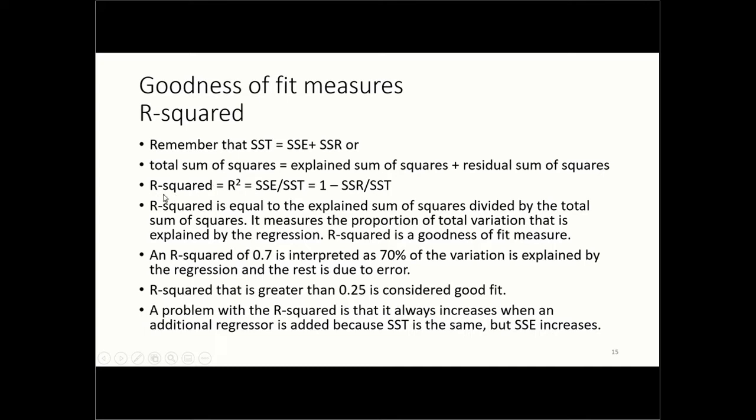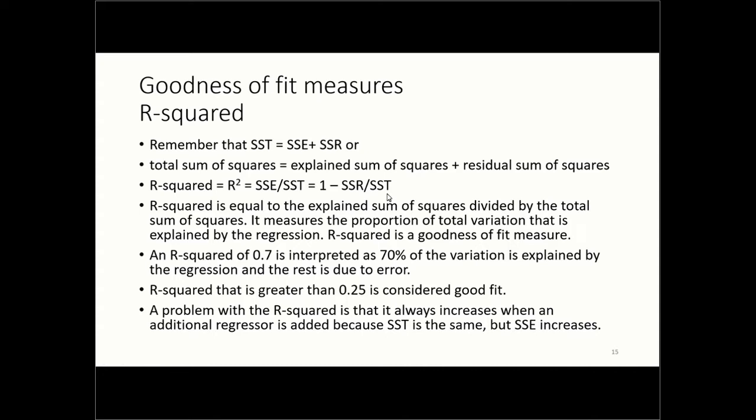And the R squared is the SSE divided by SST. So what proportion of the variation we can explain with the regression divided by the total variation of the dependent variable. That is also equal to 1 minus SSR, the sum of squared residuals, divided by SST.